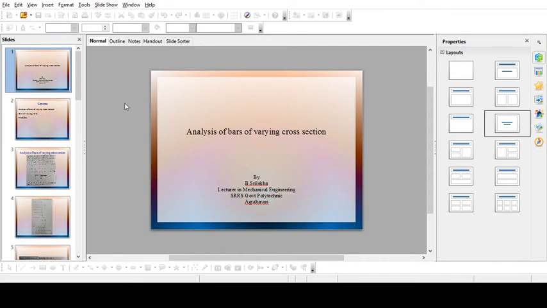How much? Total elongation in length is P by E into L1 by A1 plus L2 by A2. So P value is 15.7 into 10 to the power of 3 by E value is 1.03 into 10 to the power of 5 into 100 by 100 pi plus 150 by 225 pi.